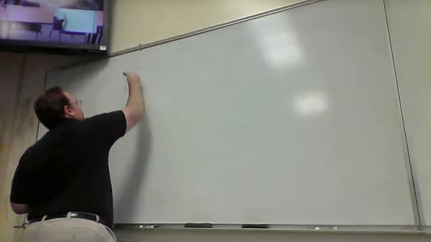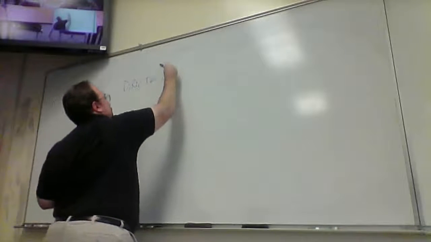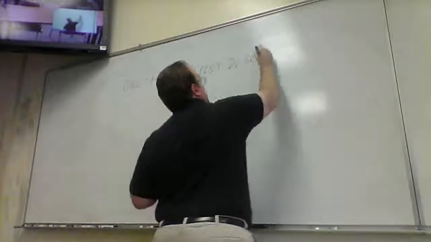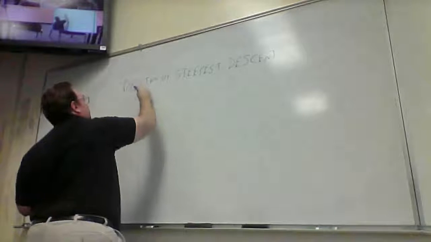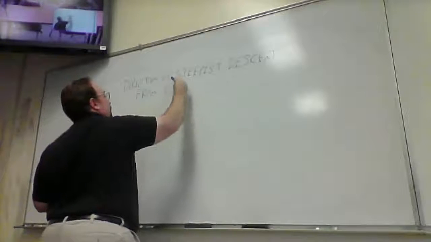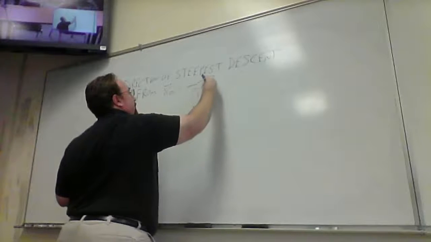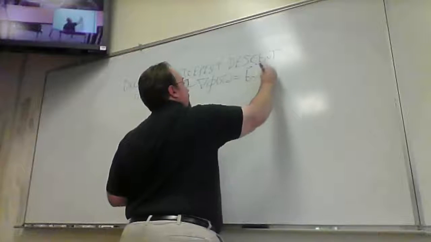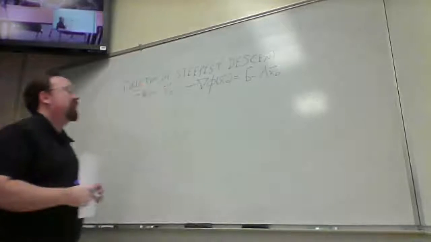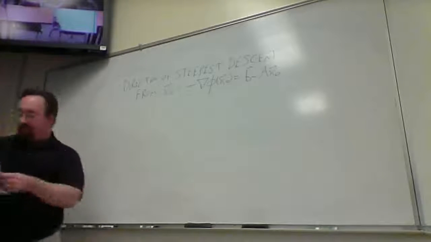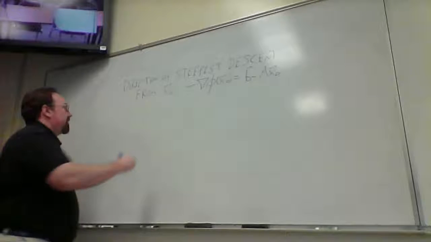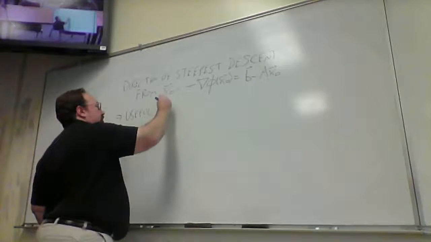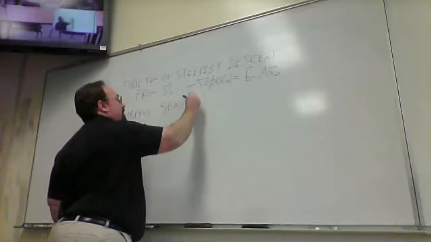The direction of steepest descent from any given point, x naught, is minus the gradient at that point. So that would be b minus Ax naught. So what we can do is, we now have a way of getting useful search directions for our non-stationary method.